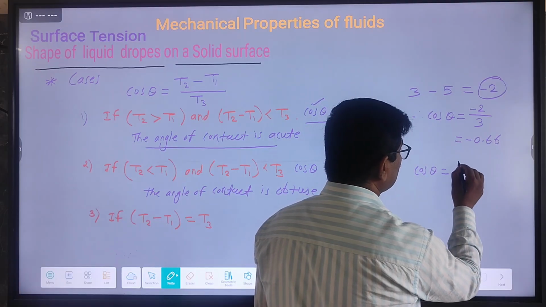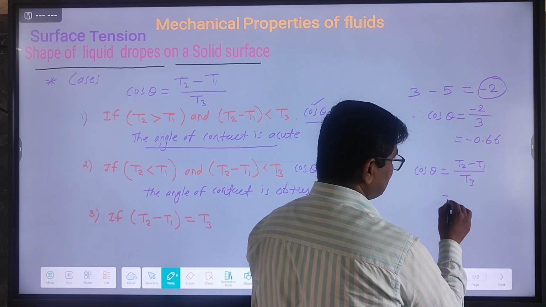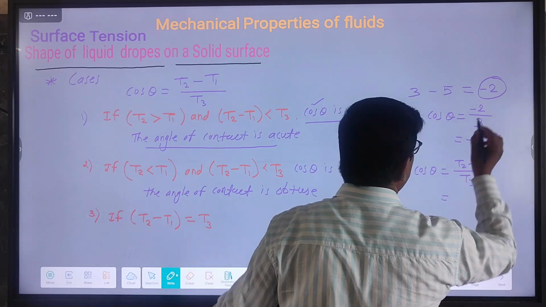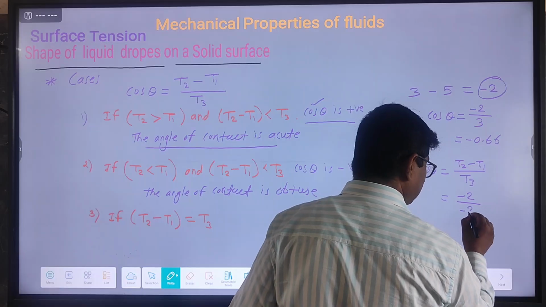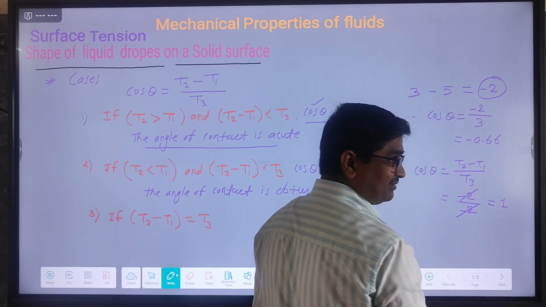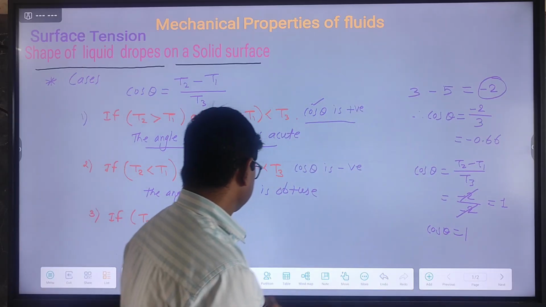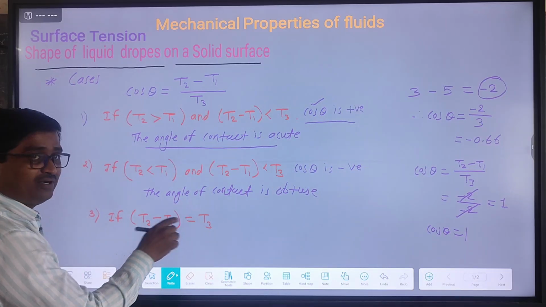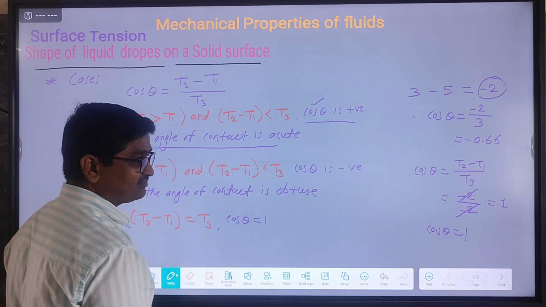Cos theta is equal to T2 minus T1 divided by T3. This is the equation. Now T2 minus T1 is minus 2, and this is exactly equal to T3, means T3 is also minus 2. So it will be cancelled and the answer is positive 1. It means the value of cos theta is equal to 1. If T2 minus T1 is equal to T3, then cos theta is equal to 1.